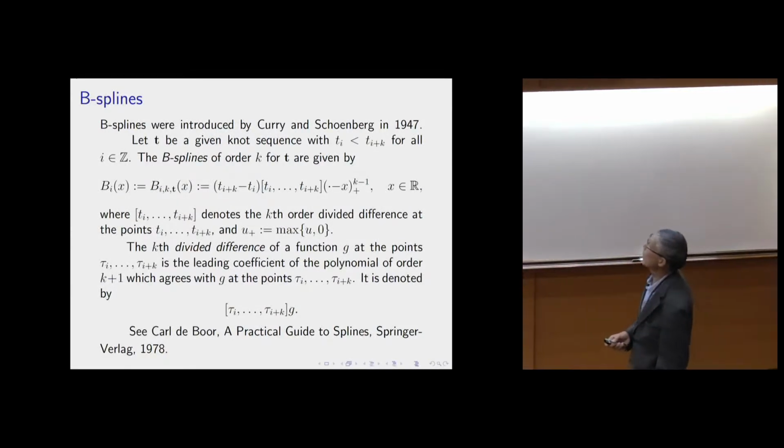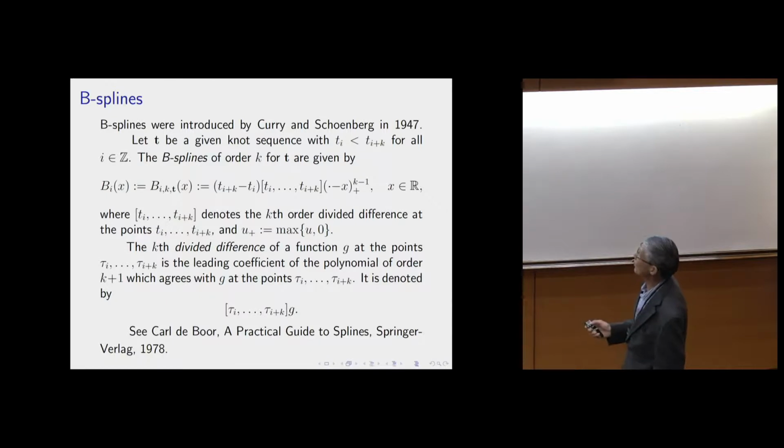Next, now we have B-splines. The B-splines were in fact introduced by Curry and Schoenberg in 1947. So we use divided difference, okay? So we have a node sequence, this is a divided difference. This is a truncated power.